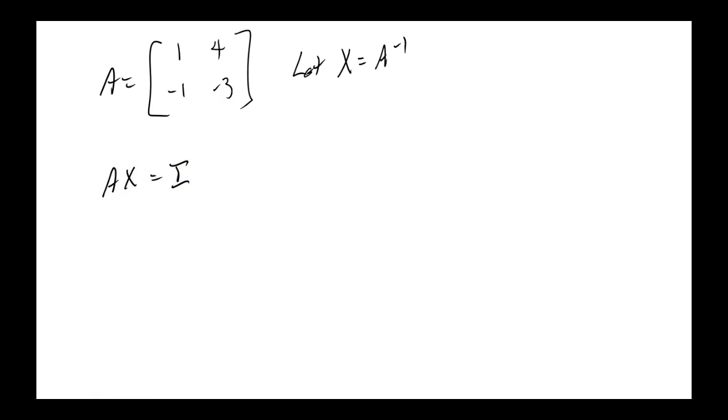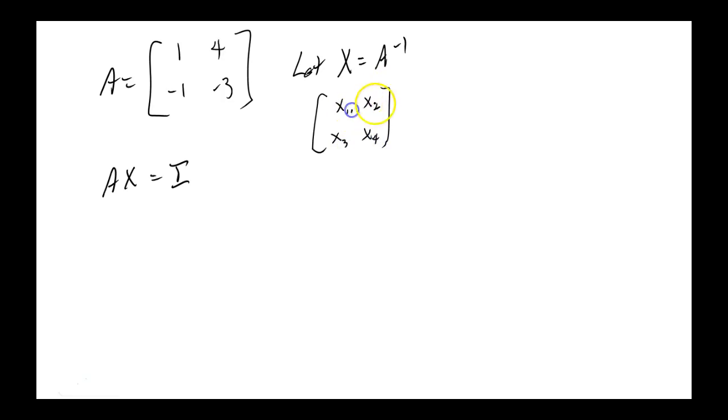Agreed or not? Now, if you're trying to solve for matrix X, well, let's just do it. Let X be X of 1, X of 2, X of 3, and X of 4. You okay with that?